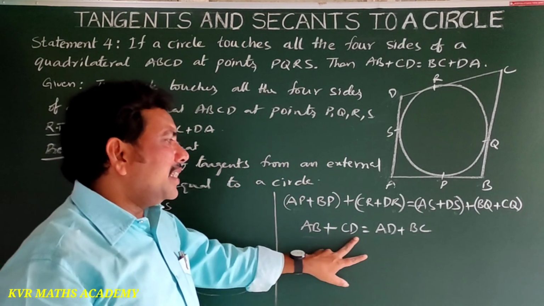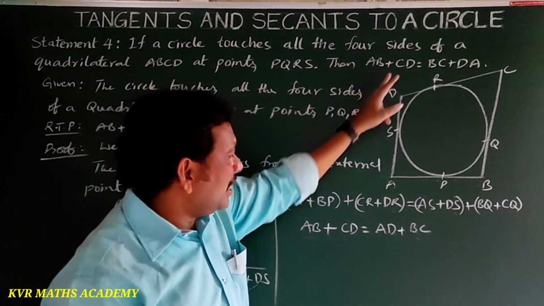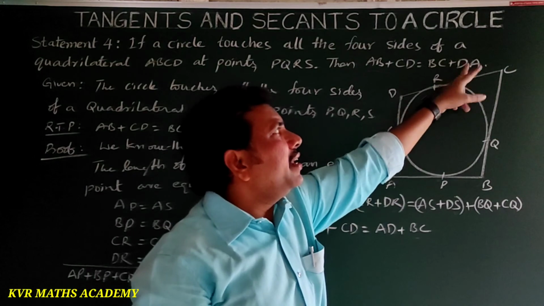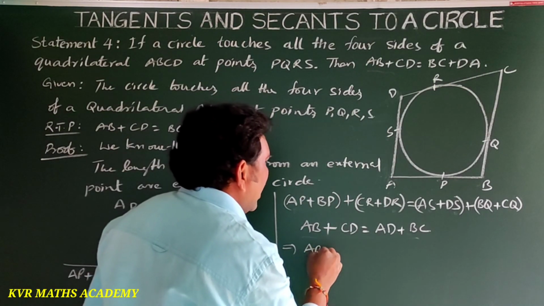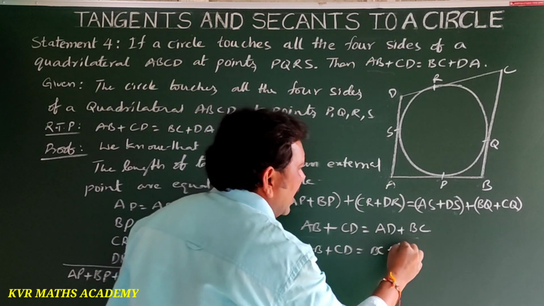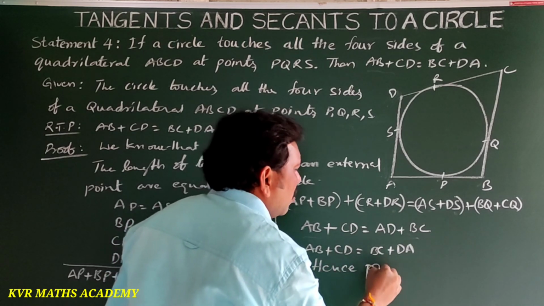Right? AB plus CD is equal to AD plus BC. AD or DA both are the same only, no? So that implies AB plus CD is equal to BC plus AD or DA. Hence proved.